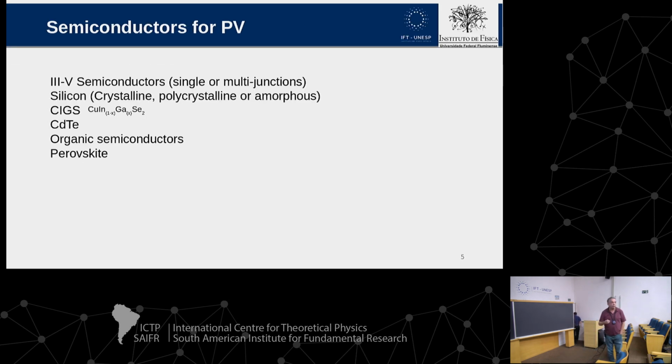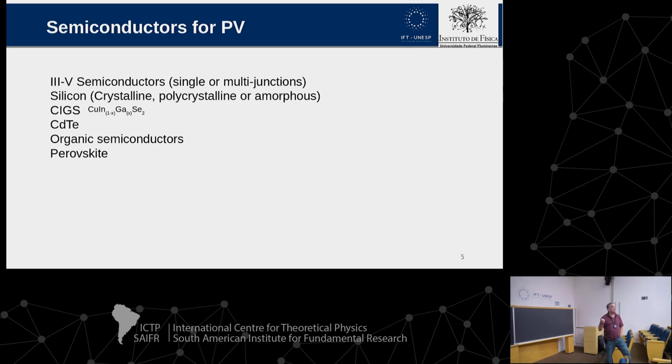So we can use several kinds of semiconductors to do photovoltaics. III-V semiconductors, mostly tandem III-V semiconductors, are the most efficient way, but they are very expensive.